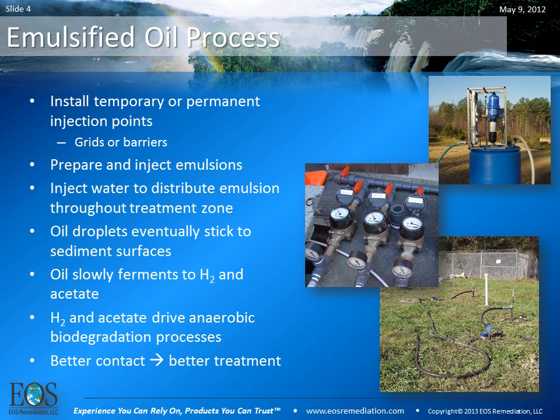You will then prepare and inject the emulsion, and by prepare, we mean you would typically dilute that substrate. EOS, I believe, recommends anywhere from 1 to 4 to 1 to 20 with potable water. Then you'd follow that injection up with chase water to distribute the emulsion through the treatment zone.